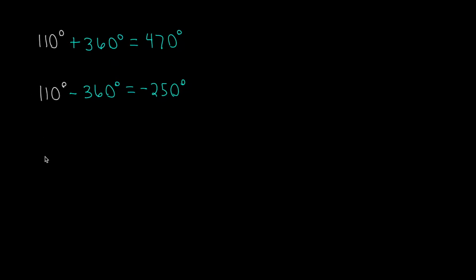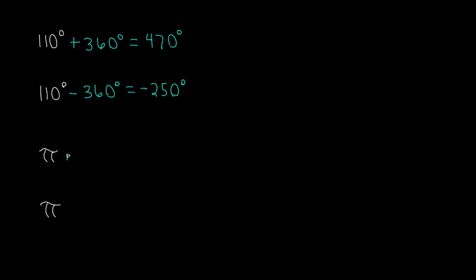Say you're given pi radians, and you're asked to find a positive and a negative coterminal angle. Well, we know that 360 degrees is equal to 2 pi. So we're doing the same thing. We're adding 360 degrees, just a different unit. We're doing 2 pi radians, which is its equivalent.